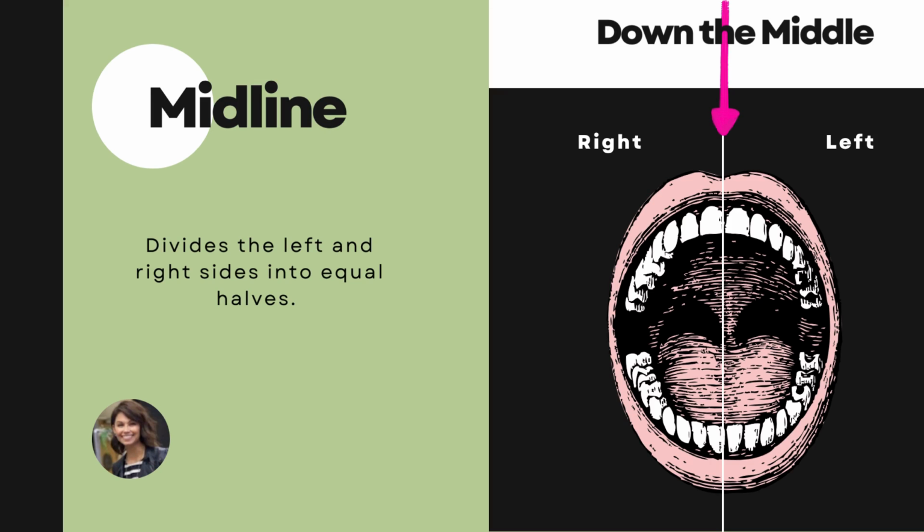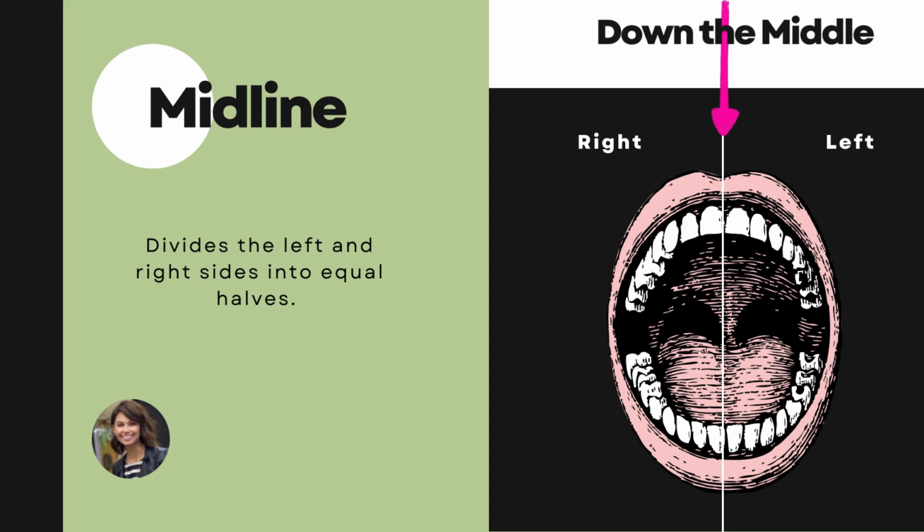Before we discuss quadrants, I want us to identify one last thing: the midline. We identified the axial line, which is imaginary. The axial line divides the maxillary and the mandibular arch. The midline is also an imaginary line, and it divides the left and right sides of both arches into equal halves.